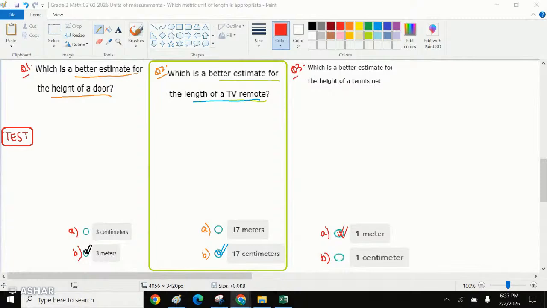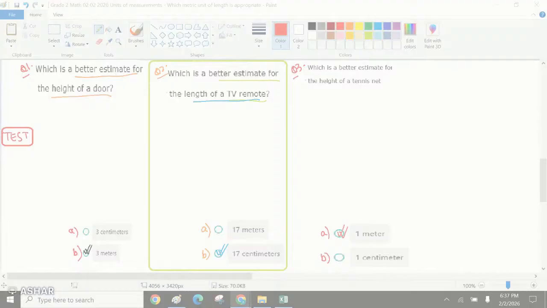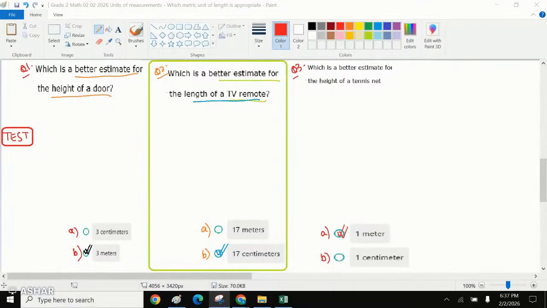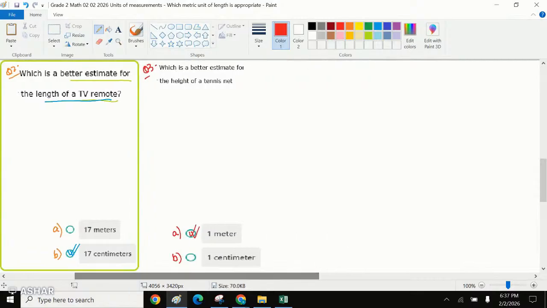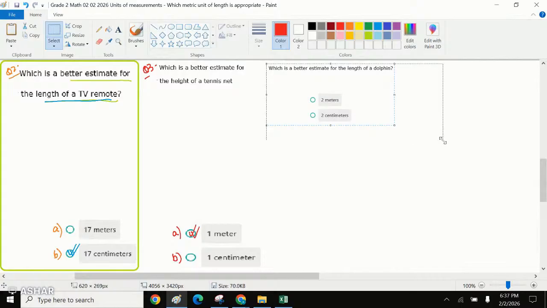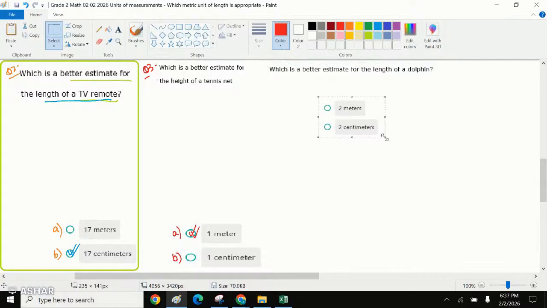Moving ahead to the next question. Length of a dolphin. The next question says, which is a better estimate for the length of a dolphin? Would it be 2 centimeters or 2 meters?